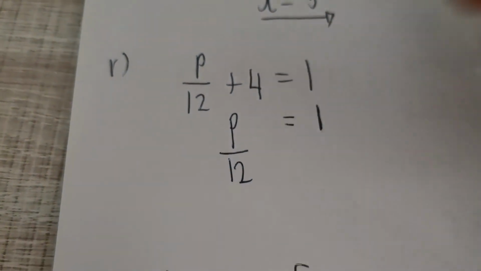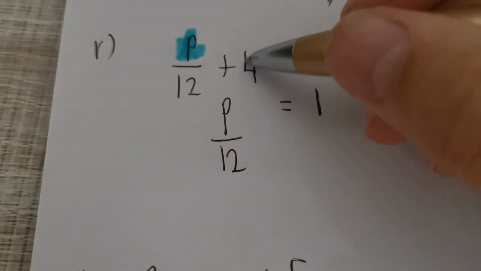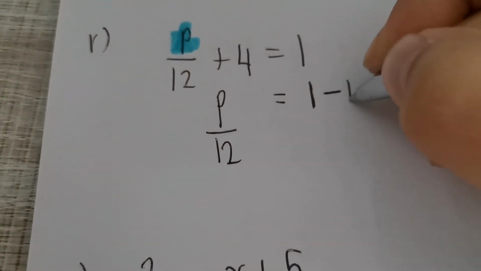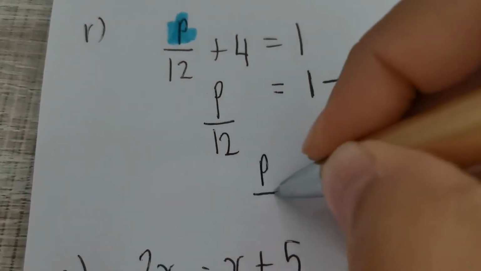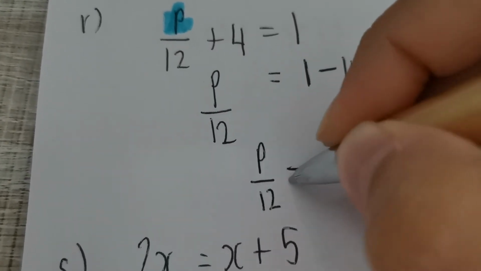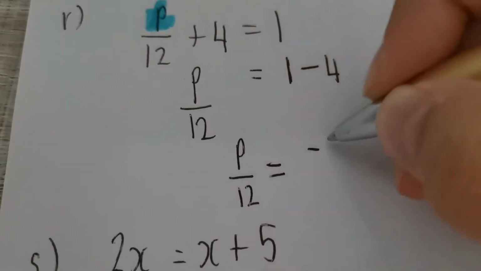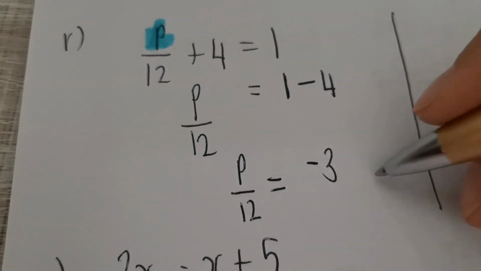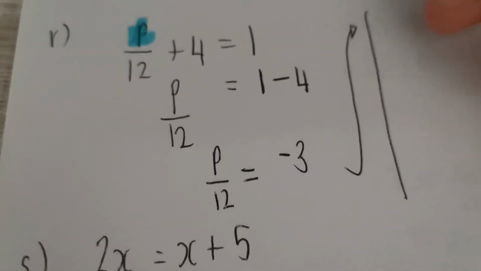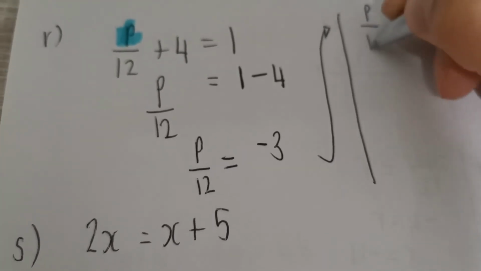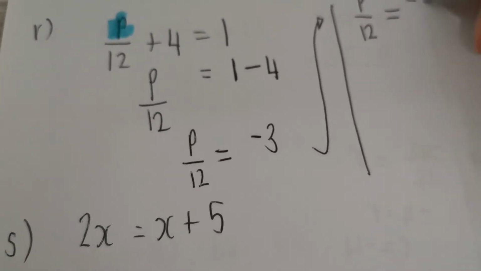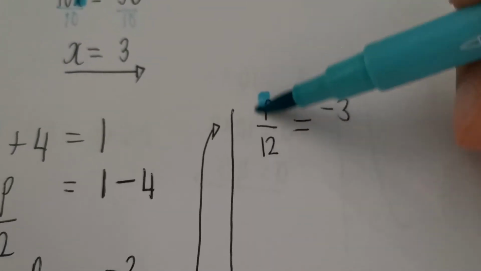Next one, I'm going to try and keep all my equal to signs in a line for you, okay? So I have the 1 on here. Let's highlight for you this. I'm taking the 4 over. So I've got p over 12 equals 1 minus 4, negative 3, running out of space.